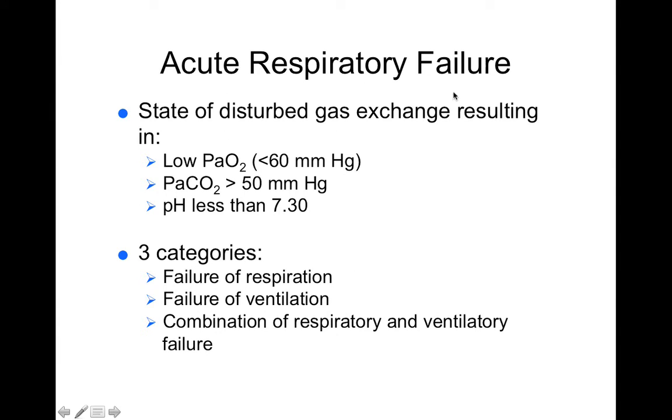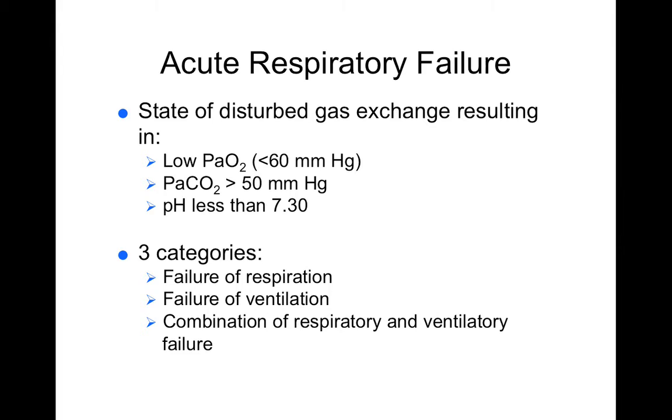Now, we define acute respiratory failure as PaO2 levels, so blood O2 levels, less than 60 millimeters of mercury, CO2 levels greater than 50 millimeters of mercury, and a pH less than 7.3. If you had respiratory failure, why would your blood pH be more acidic than normal? Nice, you're not getting rid of CO2.